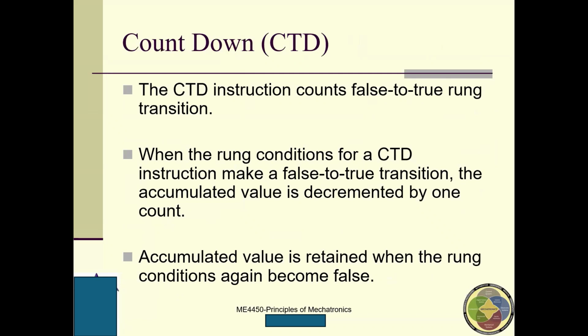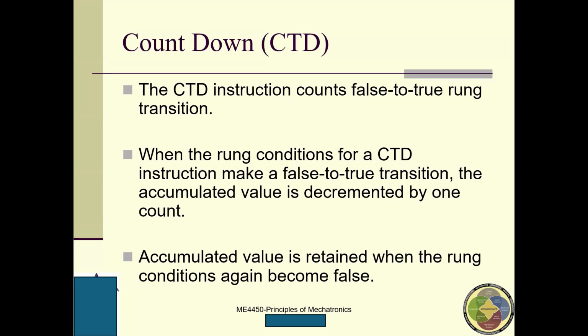Then we talk about the counter down. You can see the counter down itself also only counts the false to true transition. Understand, guys? That means the CTU and the CTD, both of them only count false to true transition, and the true to false transition, they do not care about.